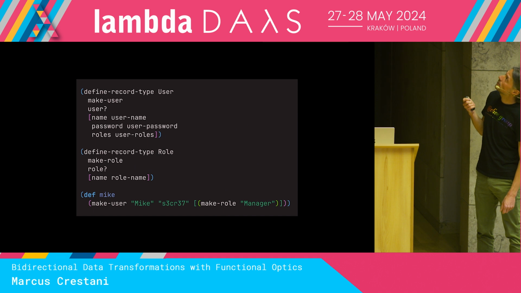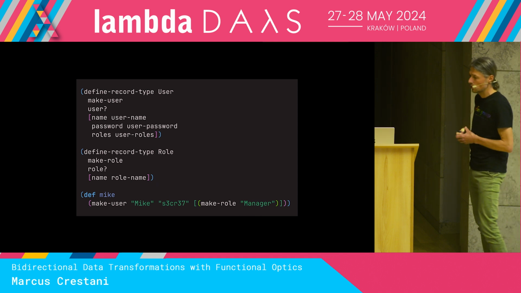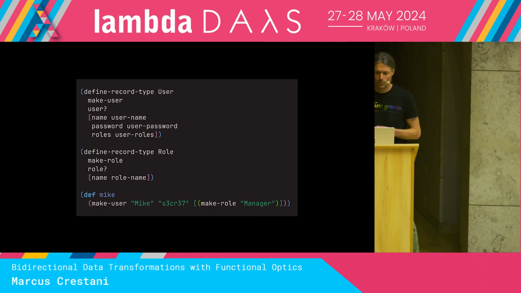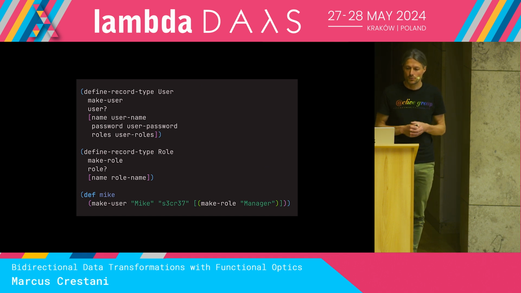The next defined record type defines a type called Role. Again, we have a constructor that accepts the name. We have a predicate role?, and we have a role-name. On my slide, at the bottom, we see example usage.